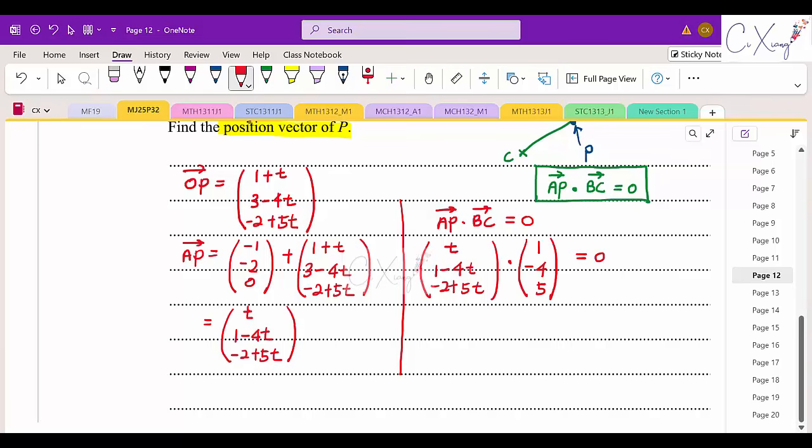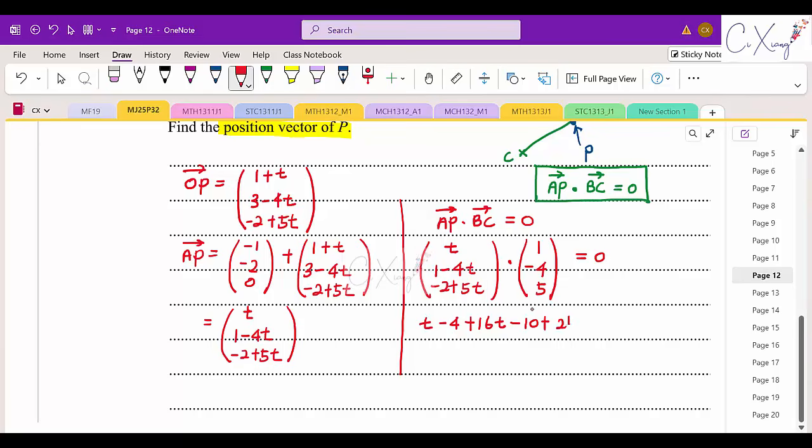Okay, so x multiplied with x. So t multiplied with 1, you get a t. Y multiplied with y, so you're having -4 times 1 is -4. Then -4 times -4t will be having 16t positive. Then the z times z. So 5 times -2, you have -10.